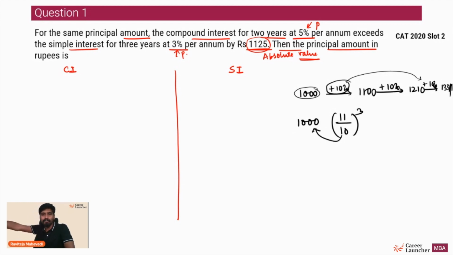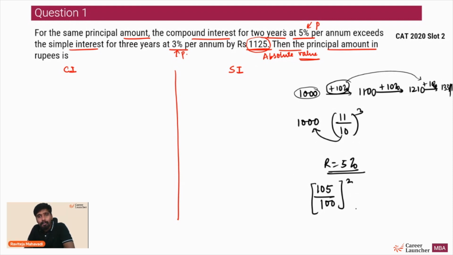And my direct answer for the amount becomes 11 cube. Similarly, if the rate of interest is 5%, like in this question, the multiplication factor is 105 by 100, and if it is for 2 years, 105 by 100 whole square is my multiplication factor.